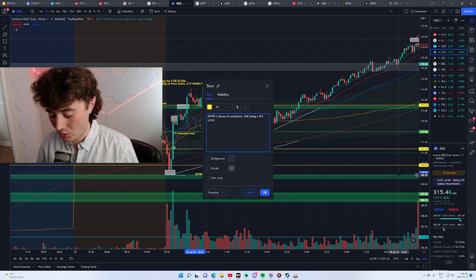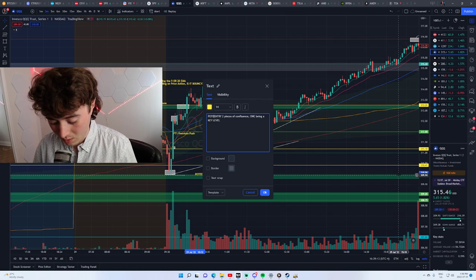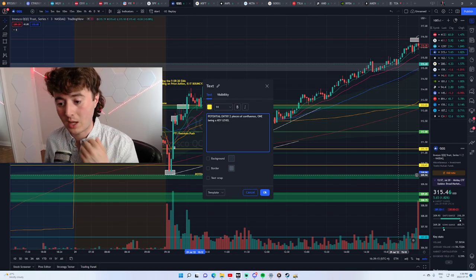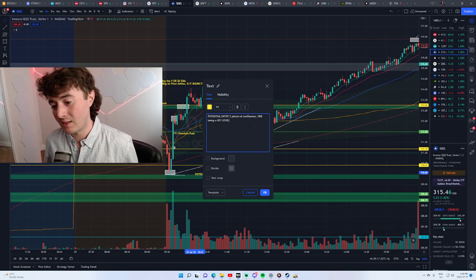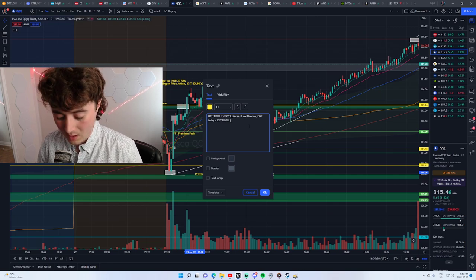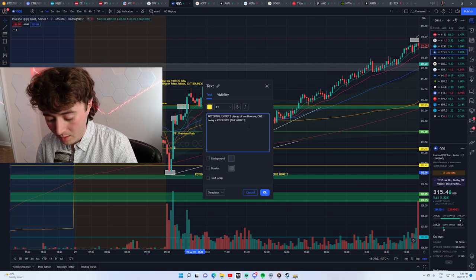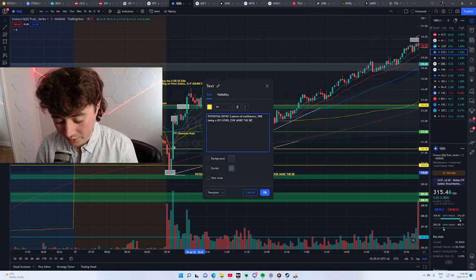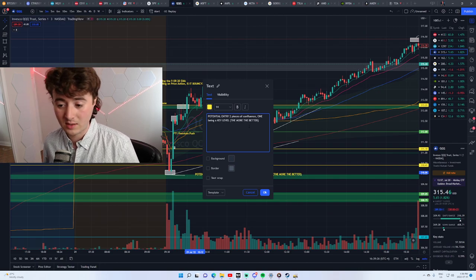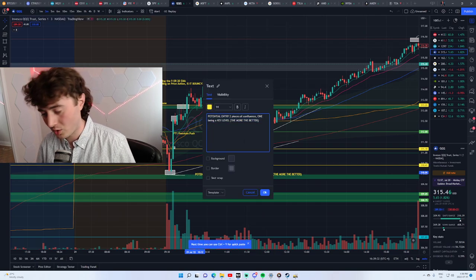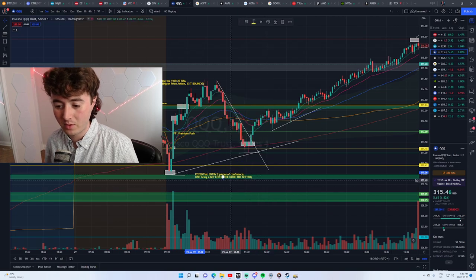I'm going to actually change that to potential entry. 2 pieces of confluence, 1 being a key level. Obviously, the more the better for pieces of confluence, right? And you get that all the time. Does that make sense to everybody? I think I explained that pretty well. Let me just drop that down there. Beautiful. Okay, and I'll put this over here.